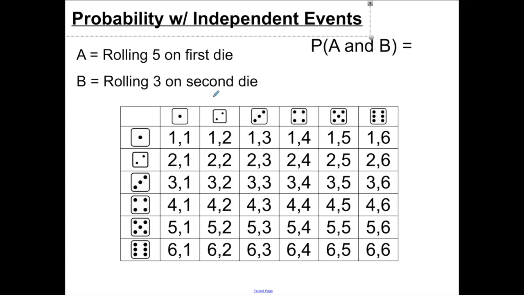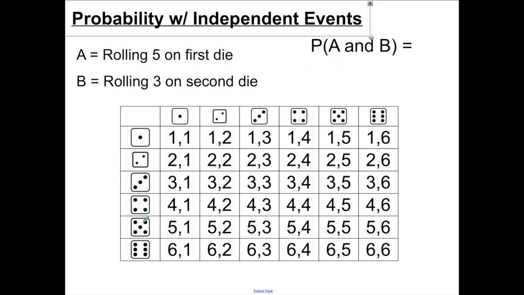So suppose we have two events, A, which is rolling 5 on the first die, and B, which is rolling 3 on the second die. What's the probability that both events occur? That is, what's the probability that A, we roll 5 on the first die, and B, we roll 3 on the second die?